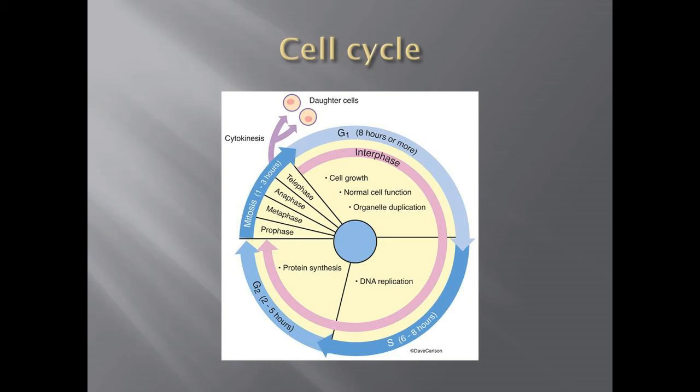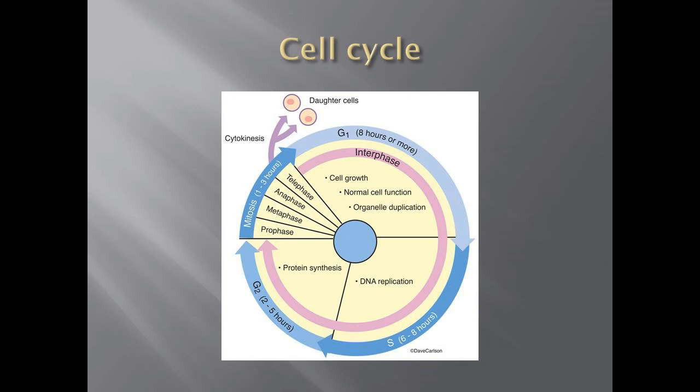Now come to the S phase of cell cycle. S phase stands for synthetic phase, and in this phase DNA replication takes place, and this phase takes 6 to 8 hours to complete.